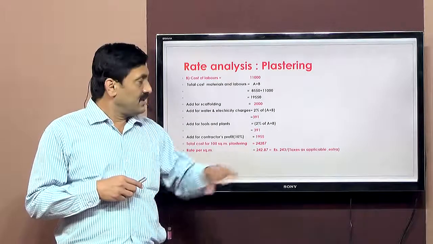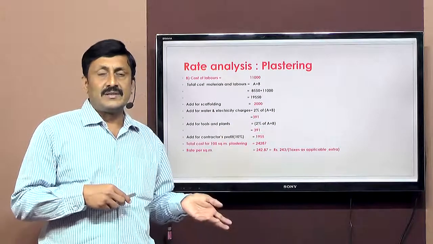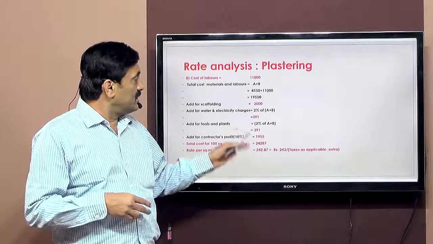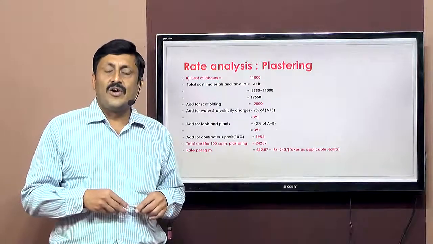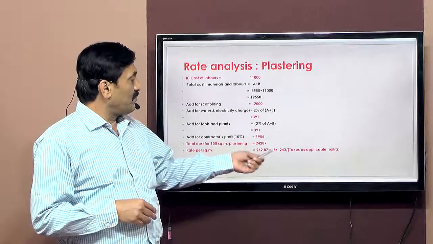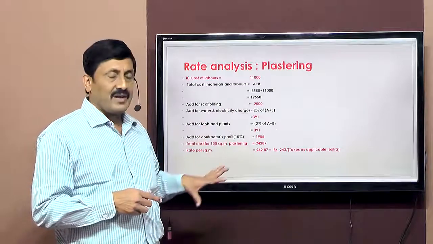Do not forget that. This is the cost excluding taxes, which will vary from place to place. Okay, so this is the procedure of rate analysis for plastering. So the rate of plastering is rupees 243 per square meter. That's what we have calculated.